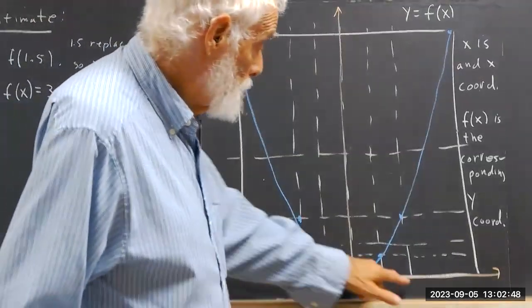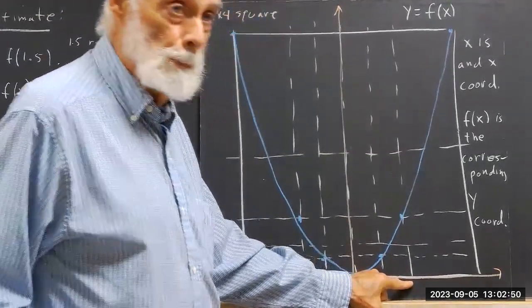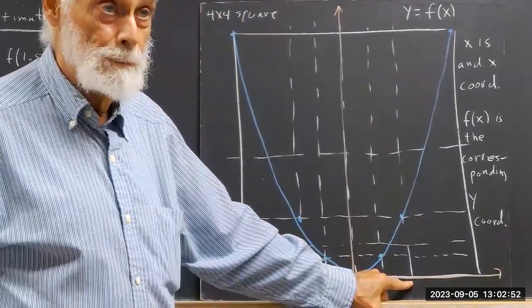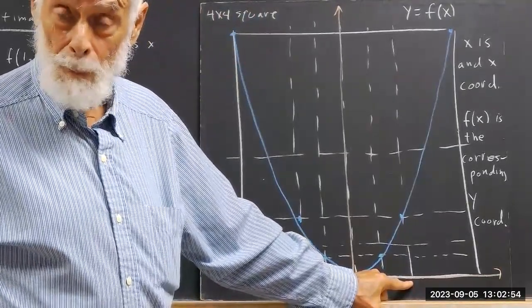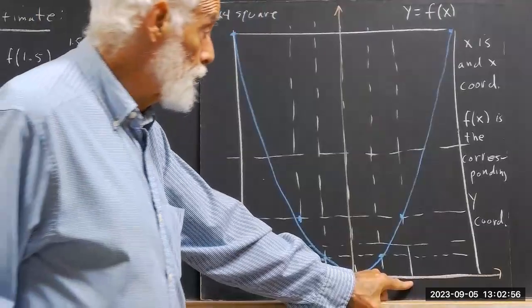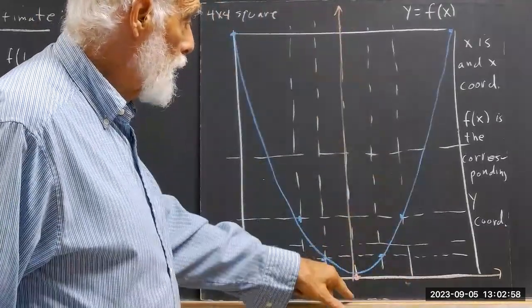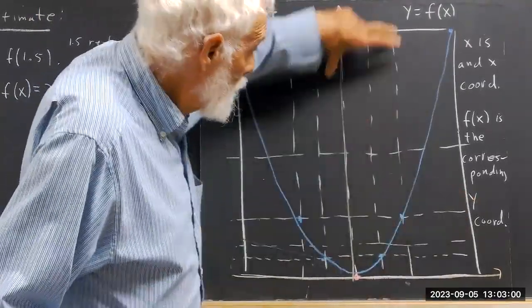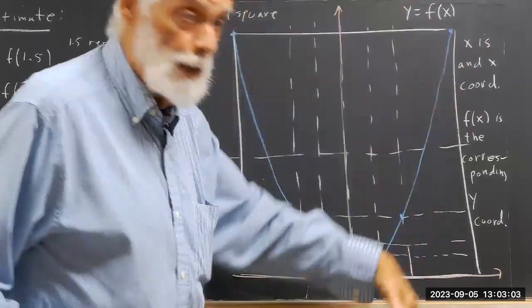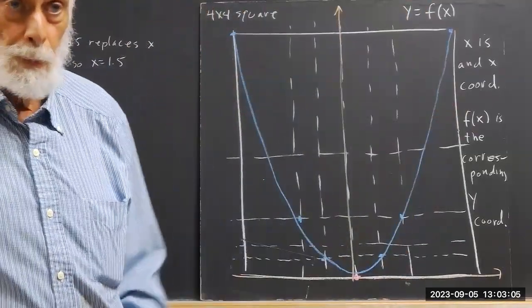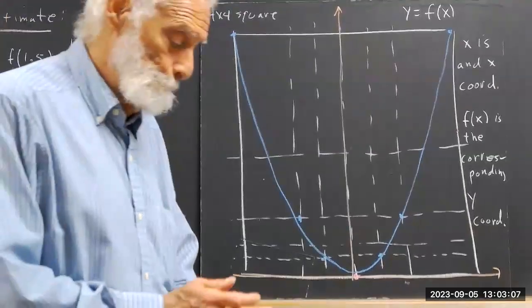So here, what's the x value at this point? 1. Why? Because when you construct these things, the first thing you do after you do the center line is you cut this rectangle to the right of the center line in half. And that gives you x equals 1. All right.